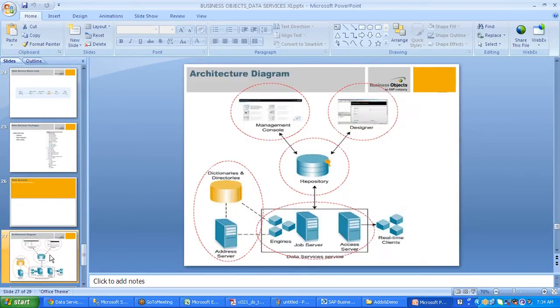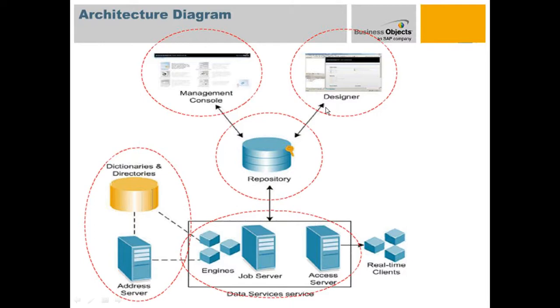Right, so this is the architecture of Data Services. If you look at this architecture, there are different components like the designer, which we have just seen, and the second one is the management console, which I opened meanwhile. And you have a repository which in turn connects to the designer, management console, and job server.